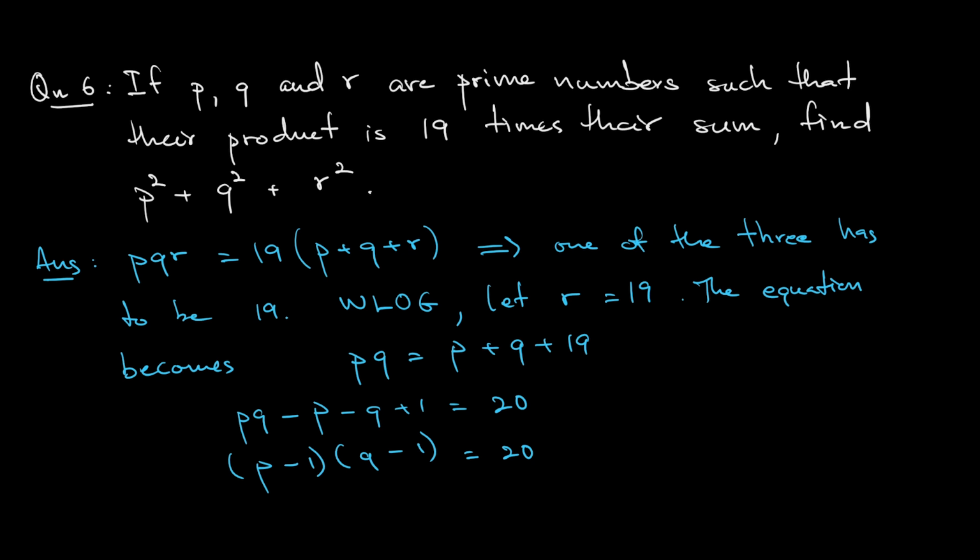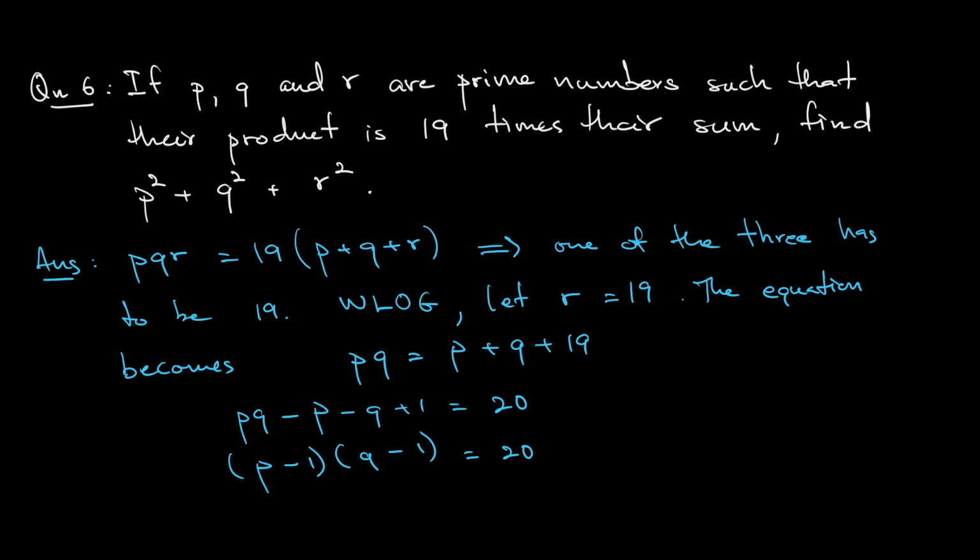Right now you notice that it's a product of two integers that is equal to 20. So there are only a few cases. So 20 can be what? 1 multiplied by 20, 2 multiplied by 10, 4 multiplied by 5. Alright. So you can try these possible values out.